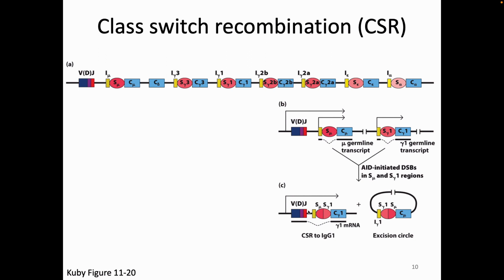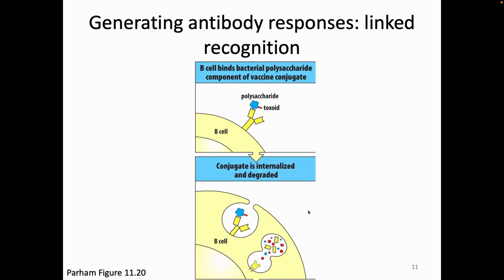There's one other piece of info that we need to talk about with regard to antibody responses in the periphery. This is something known as linked recognition.